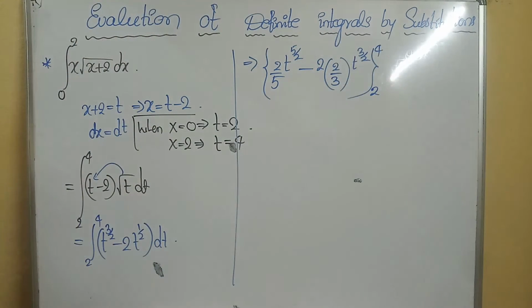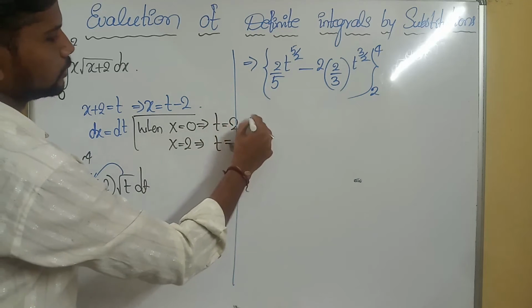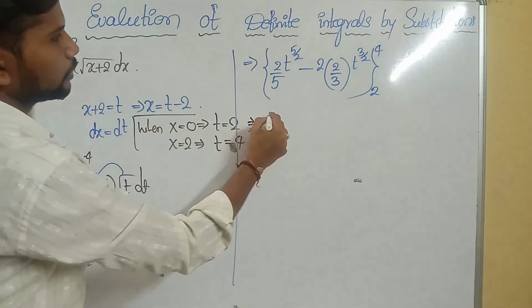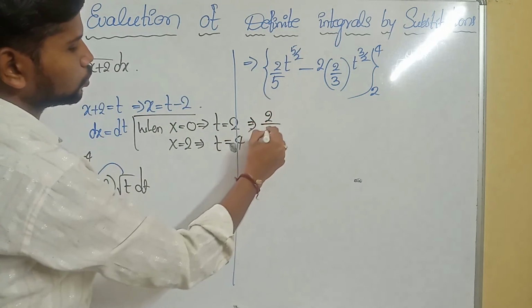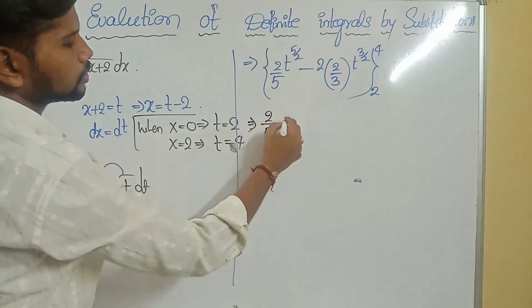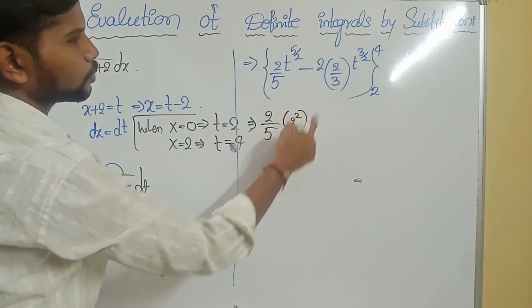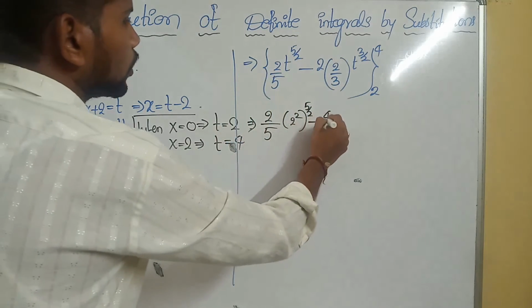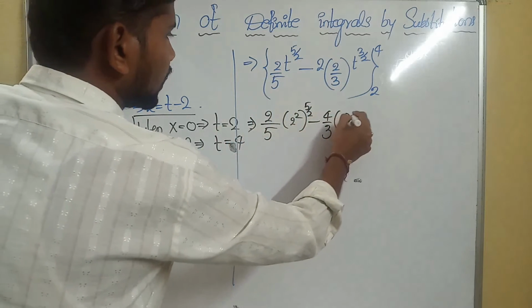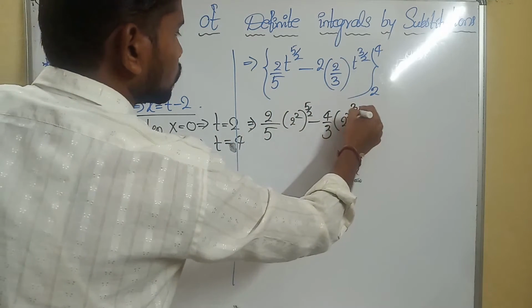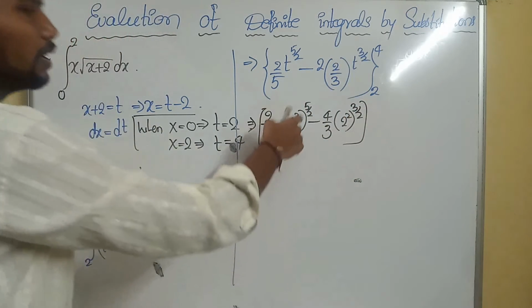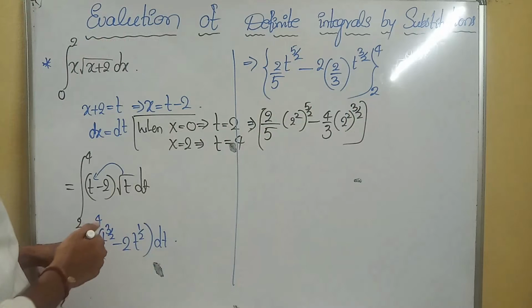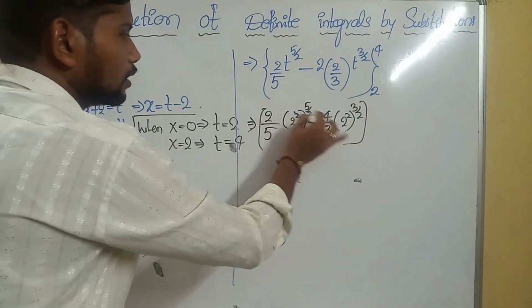Got the point clearly? After that, I'd like to write the term. Upper limit value I have to substitute: 2 divided by 5, for 4 can I write it as 2 square, to the power 5 by 2, minus 4 divided by 3, upper limit value 2 square I'd like to substitute, to the power 3 by 2. Getting my point? Instead of writing 4, I am writing 2 square, so it is easy to cancel the values.